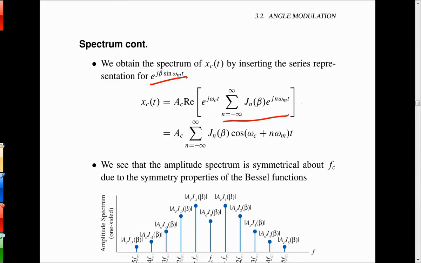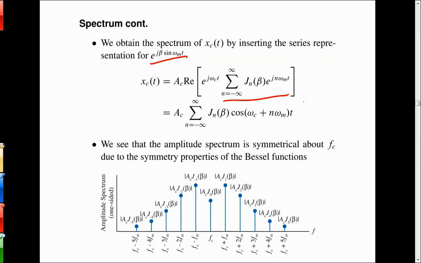Plug that back in, then take the real part. So now you've got it in terms of cosines. J n of beta are the coefficients, A C is the amplitude on the carrier, and then the harmonics occur at n omega m relative to the carrier frequency.